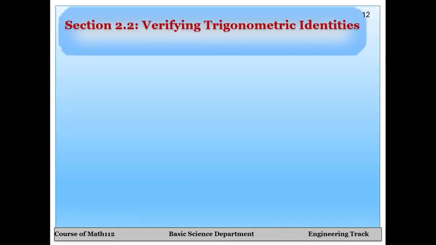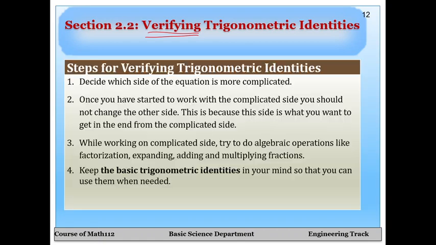Now, we have another topic here. This is verifying the trigonometric identities. Verifying means we will give you an identity, an equality, and you will start from one side and try to go to the other side to show that the other side is equal to that expression by using identities. So here are some strategies. You will start from here and show this one, or you will start from here and show this one, by using the identities.